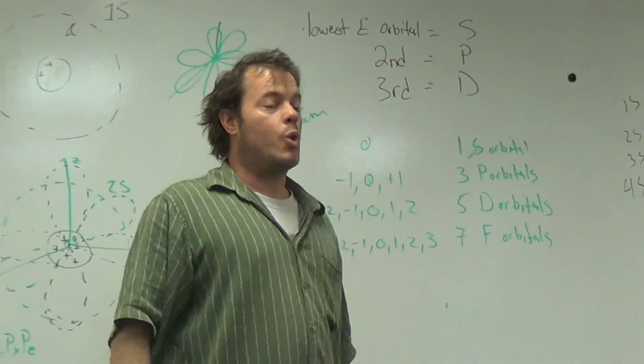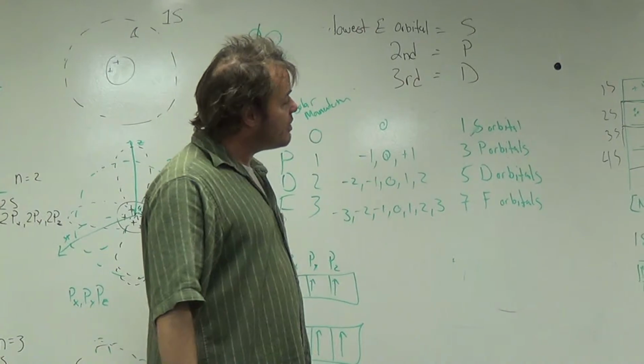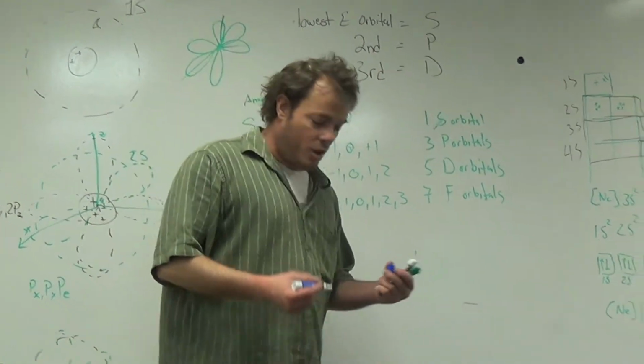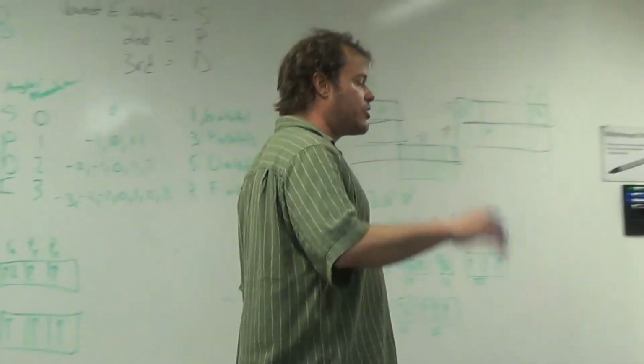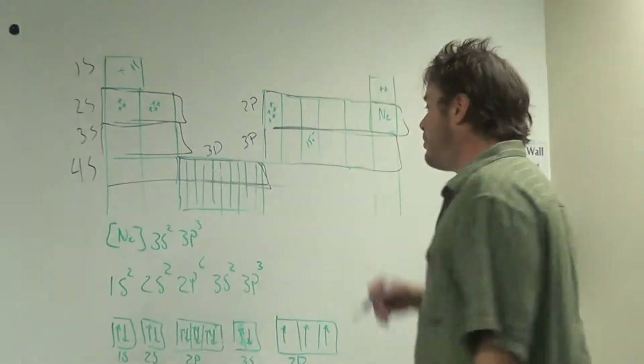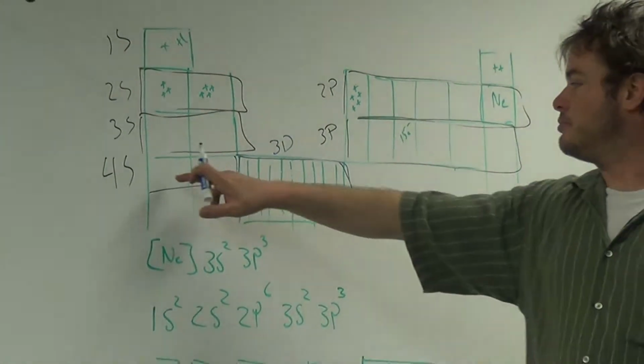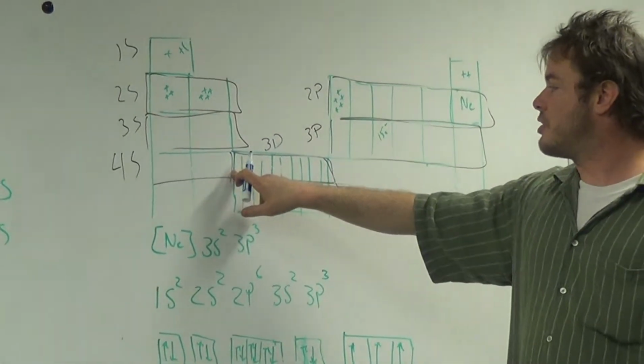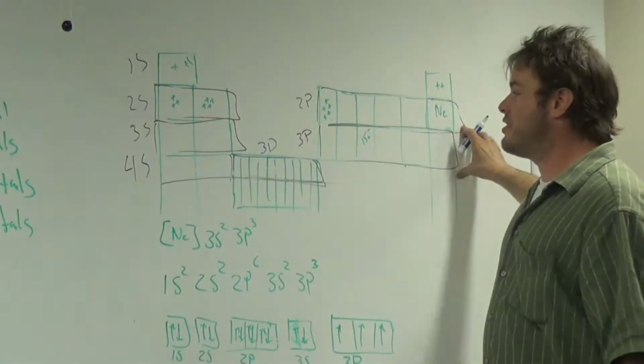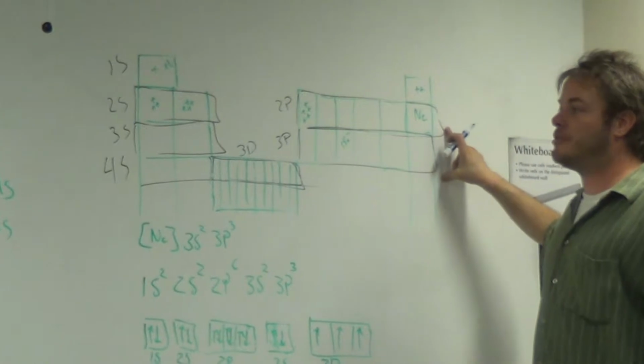There are little twists, and I don't remember every single one of them, but I'll give an example of one. I forget which element this is, but let's take a look at a substance that has a filled n equals 3 level.